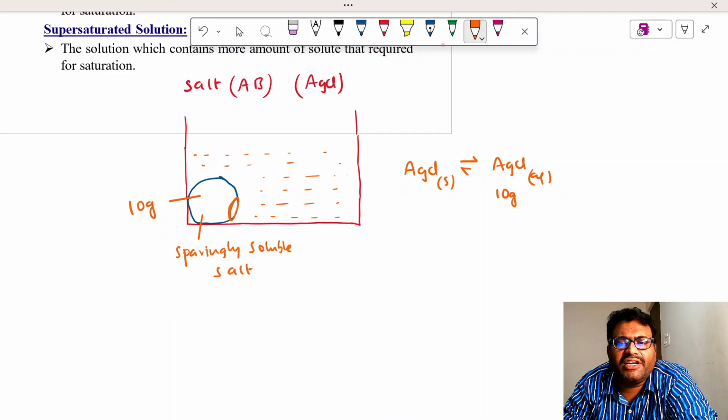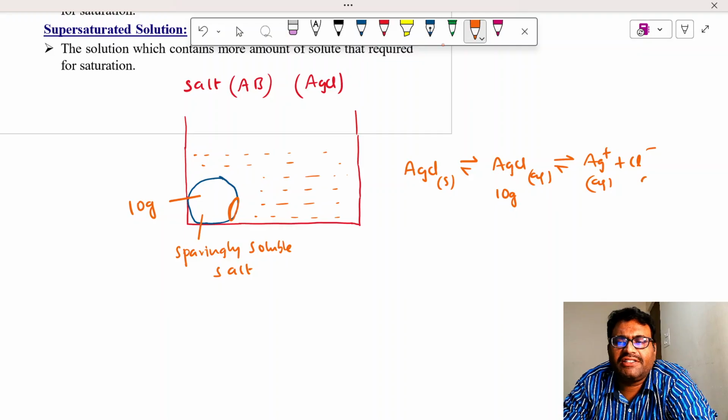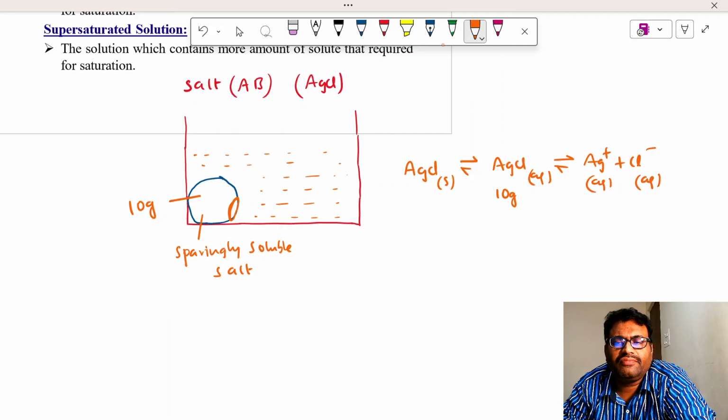This dissolved portion is in equilibrium with undissolved AgCl, and this AgCl is dissociating into Ag plus and Cl minus. This is in equilibrium with its ions.